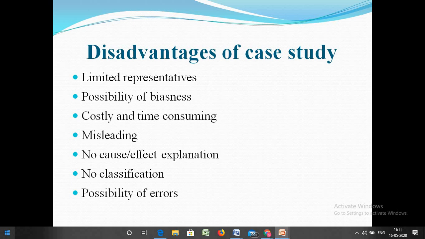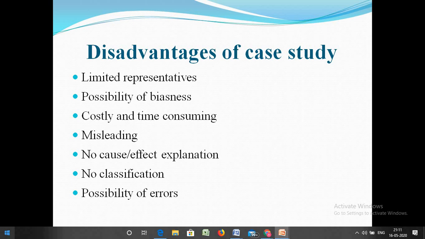Another important disadvantage is it is very costly and time consuming. Managing time is a difficult task in case studies, because case studies generally consume more time and are more costly when compared to other methods.